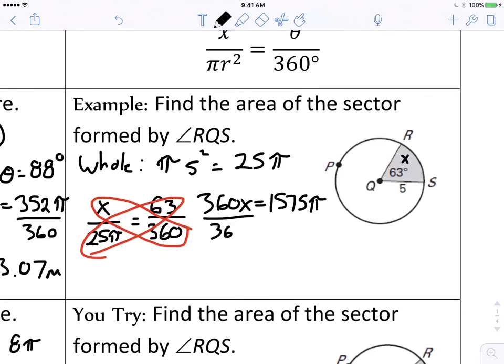Divide both sides by 360 in order to solve for x. And x equals 13.74. We don't have any units, so it's just square units.